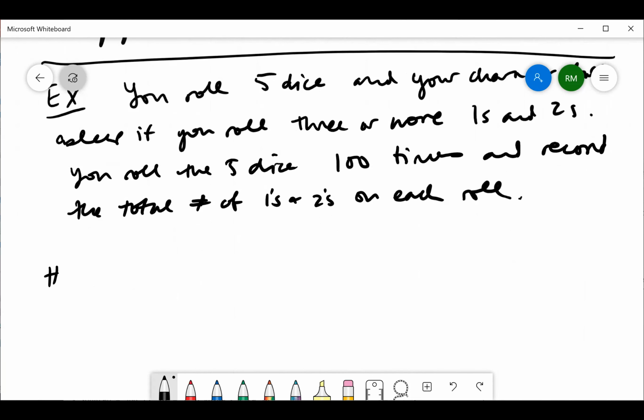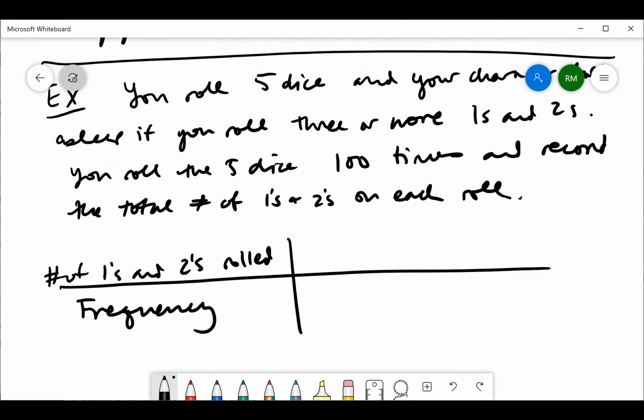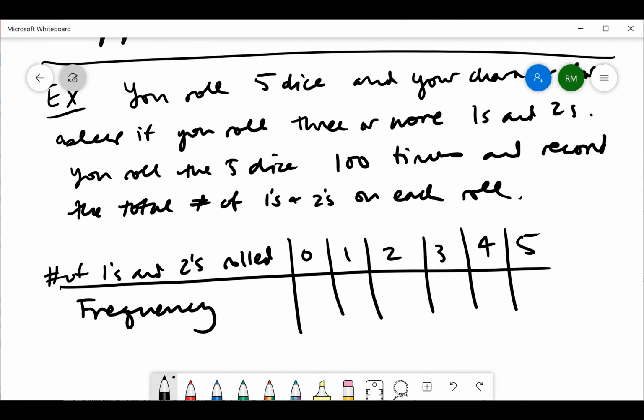So, number of ones and twos rolled, and the frequency. Okay, so we know that there are 6 possibilities. You could roll 0, 1, 2, 3, 4, or 5 ones and twos combined, and you get the following frequency.